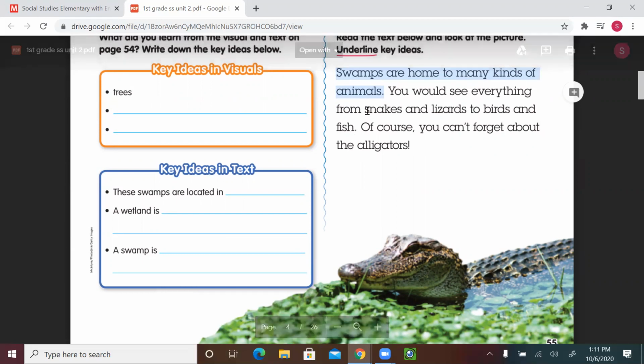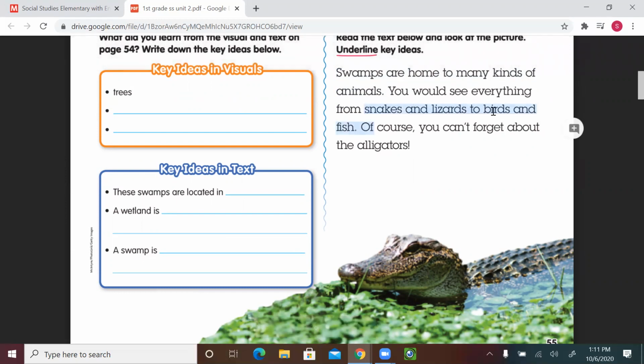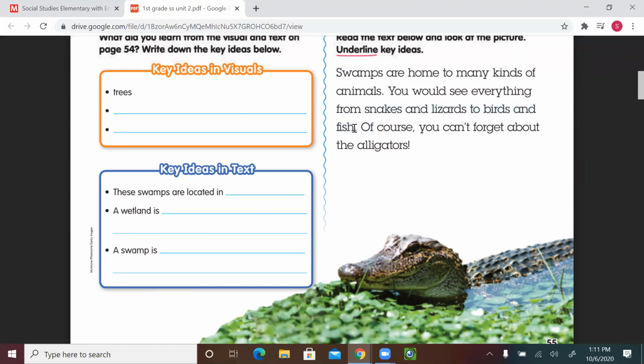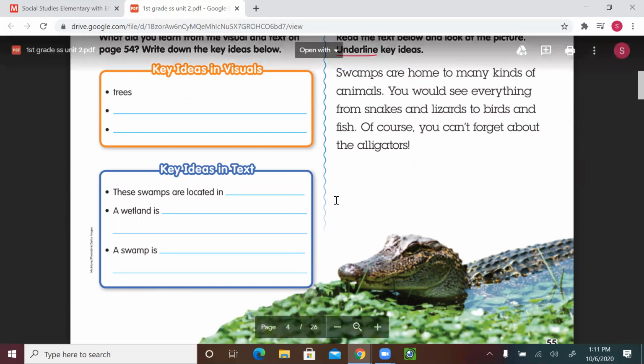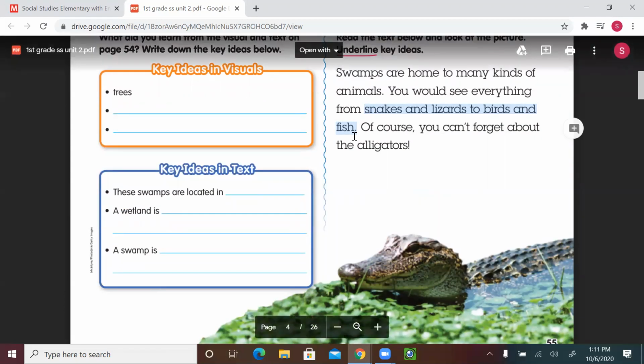So we're going to underline here because these are the details that I can see, or will learn, from my picture. So snakes and lizards to birds and fish, or little fish here. So this is the part you're going to underline.